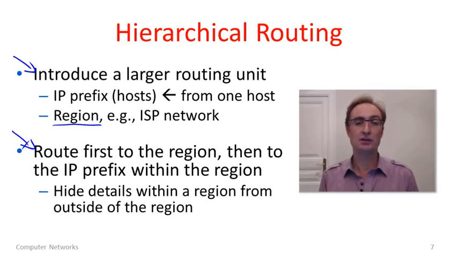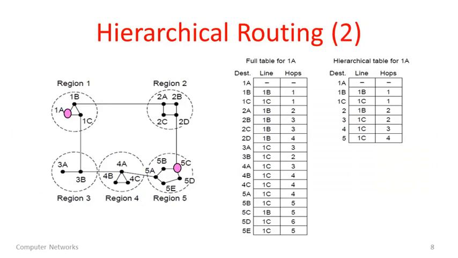This is really no different than, to pick a real-world example, navigating by driving to the city you're trying to reach, and only when you get to the city, trying to find a particular address and worrying about how to get around the city. What we're doing here, really, the gain that we'll get for routing is that we'll hide the details that are internal to the region from everyone outside of that region.